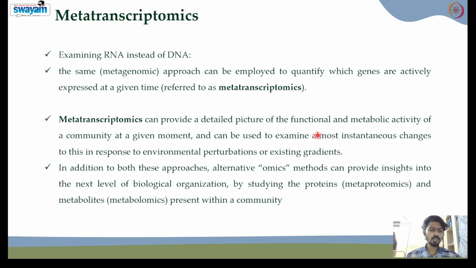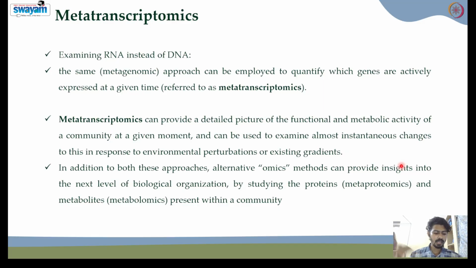So, in addition to both metagenomics and meta-transcriptomics, alternative omics are also available, which can provide insights into the next level of biological organization. If you are going to study the proteins that the microbes are producing, then you can go for metaproteomics, which is dedicated to the proteins that microorganisms are secreting.